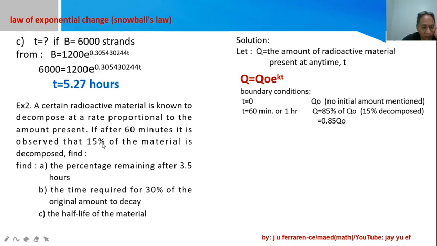If 15% is decomposed, meaning 85% is left, that is 0.85 of the initial, which is the Q sub O, correct?